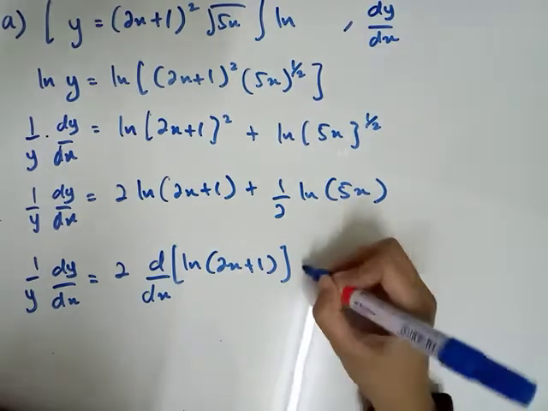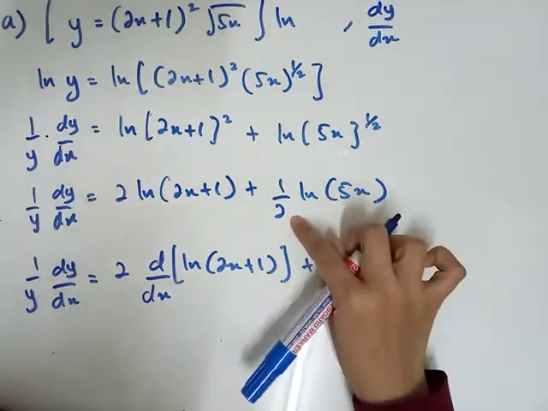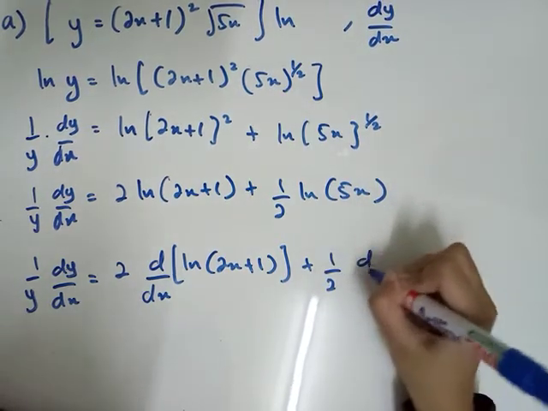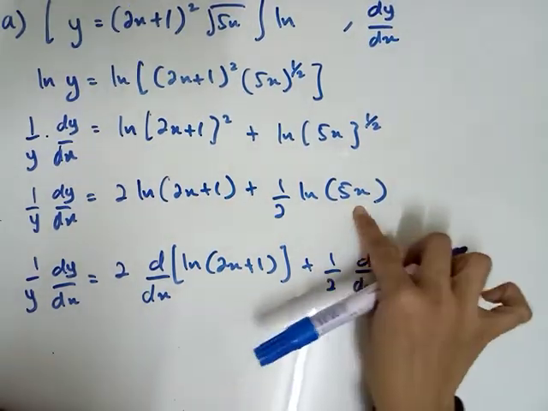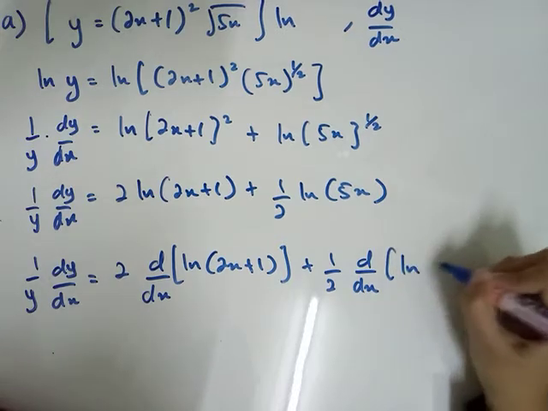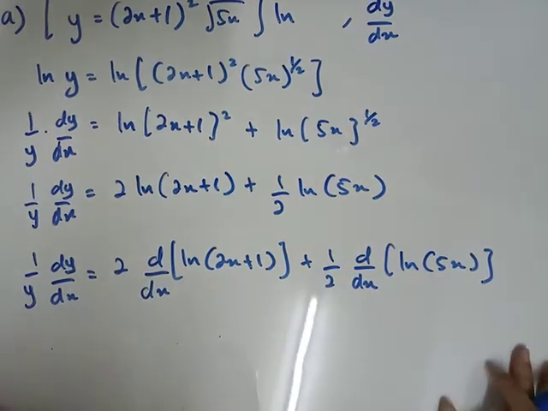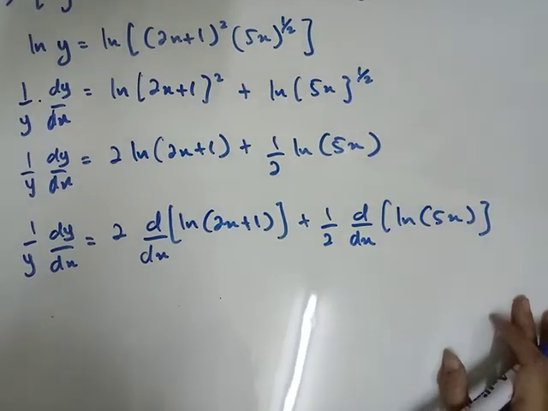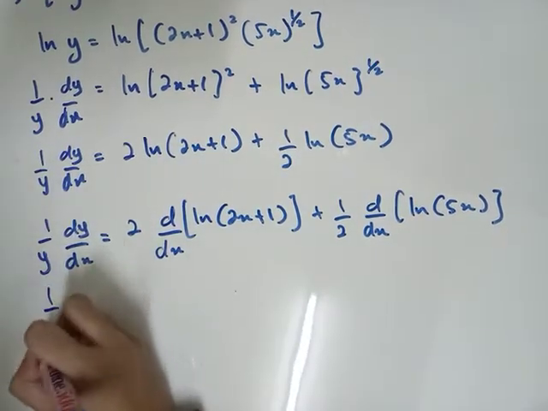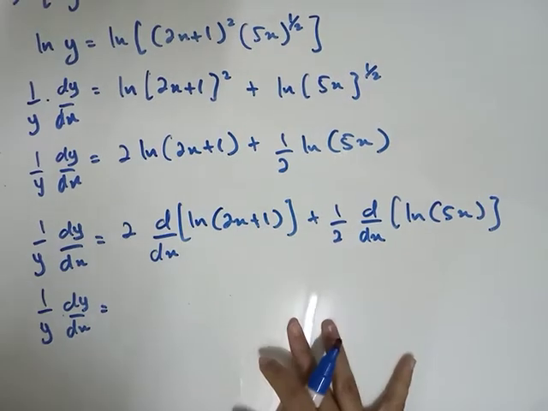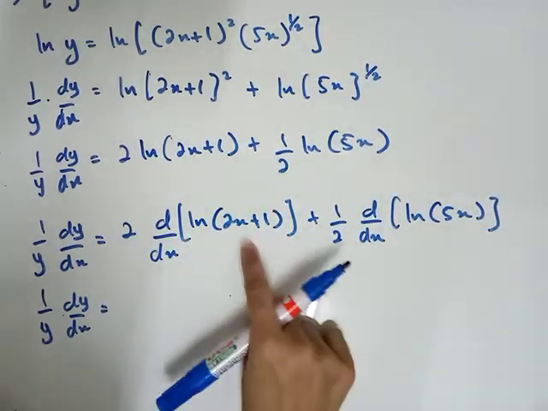This one also, 1 over 2 is a constant number, so asingkan siap-siap and then differentiate with respect to x the ln 5x. Boleh faham dah setakat ni? And then barulah awak boleh differentiate yang dalam ni, ln ni.